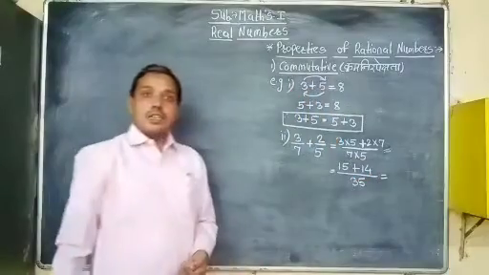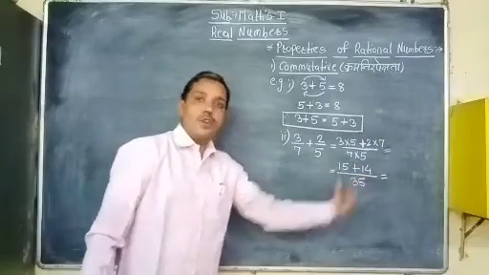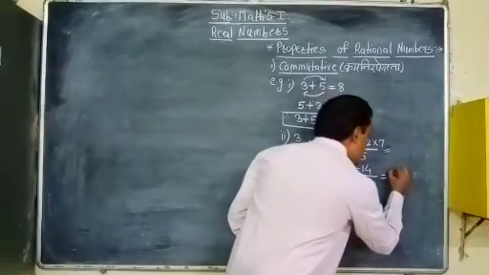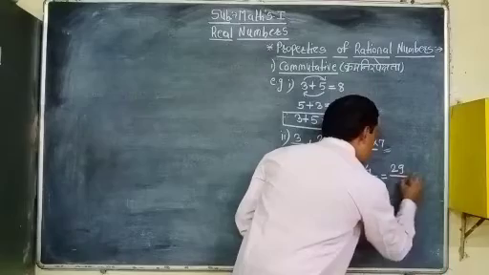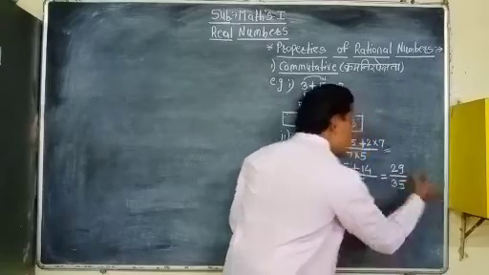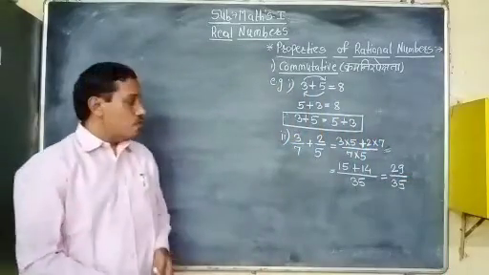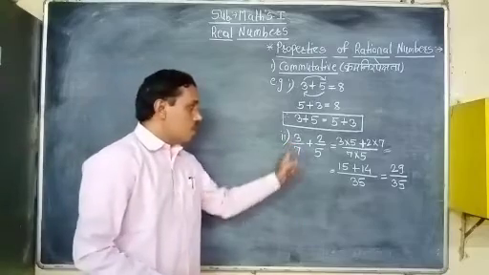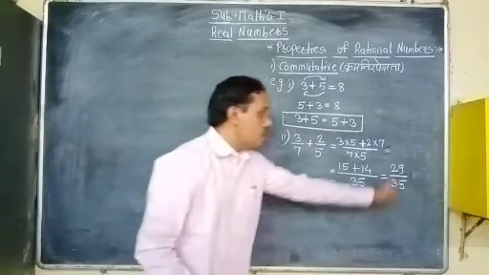What is the addition of 15 and 14? The addition of 15 and 14 is 29. So we get 29 by 35.